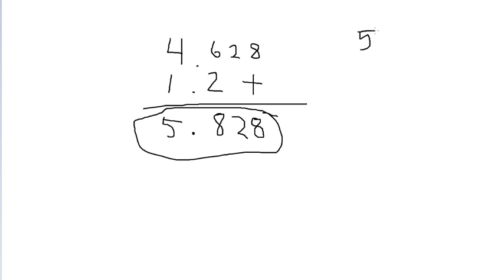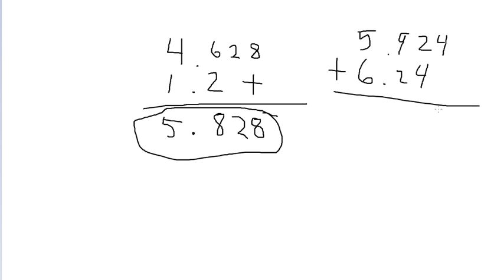And then we're going to do one a little more difficult that involves borrowing and carrying and stuff. So it'd be 5.924 and 6.24. We would add those two together. So you got your 0.